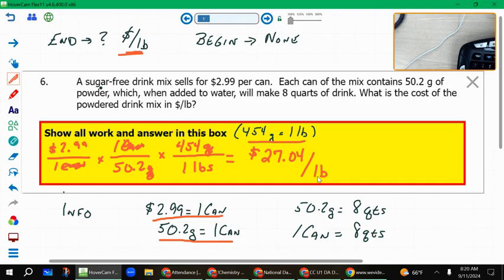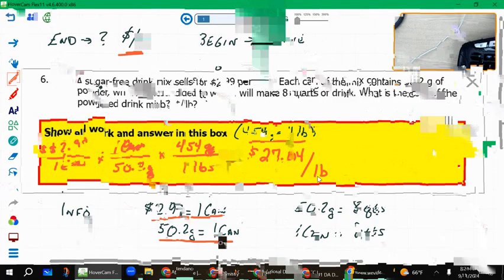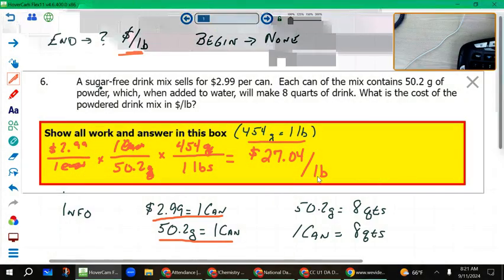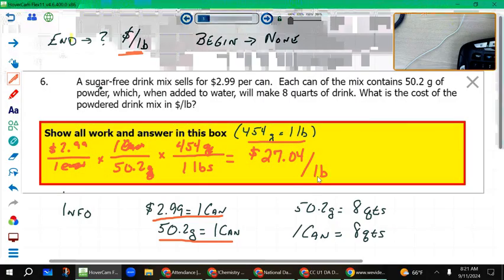27.04. If it asks you for something like golf balls in the one problem, what do you know about golf balls? Could you have a half of a golf ball? Could you have a tenth of a golf ball?